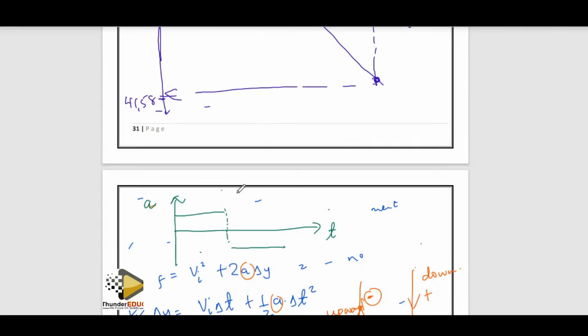So this is an acceleration time graph, depending on which acceleration you're taking to be positive. So this will be 9.8. It's just uniform, since it never changes. Sometimes it can be drawn like this, and then like that, depending on how the object is moving.